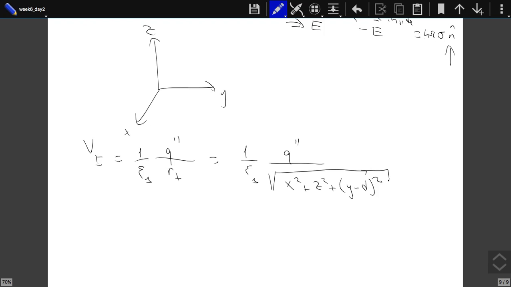Remember, y is a negative number, so (y minus d) squared is larger than y squared. Do you agree with this one?